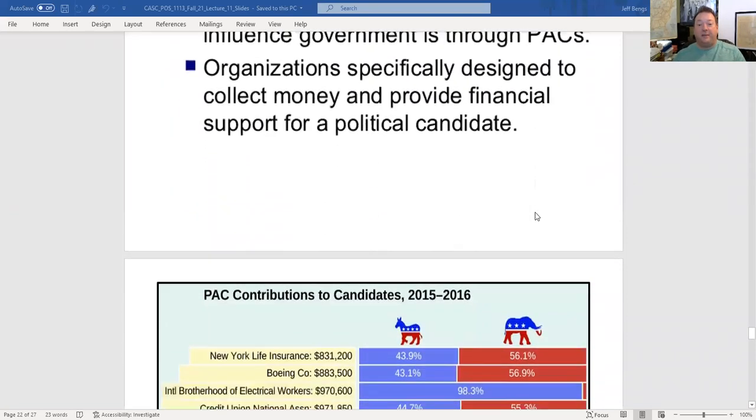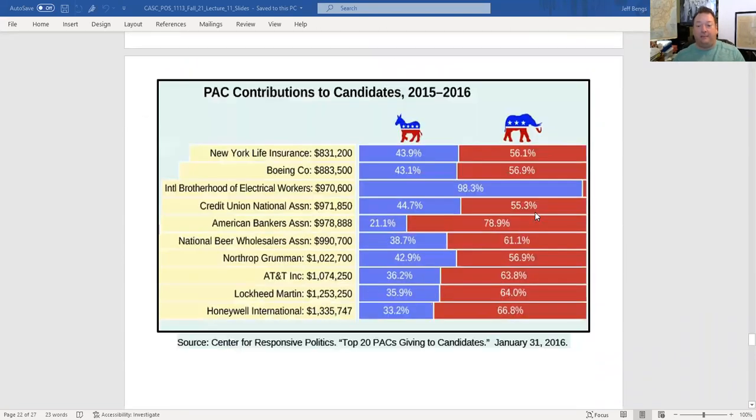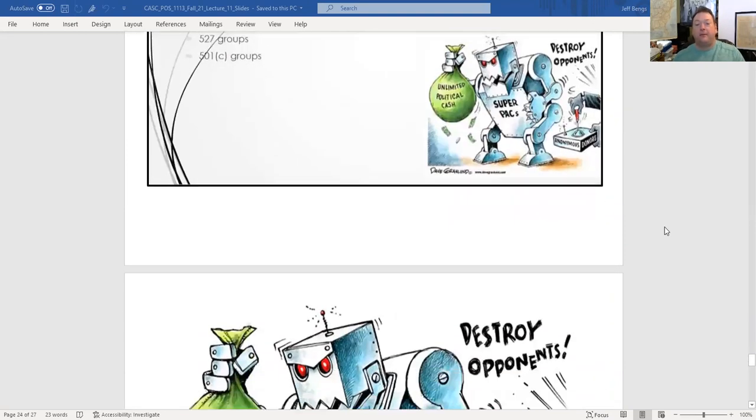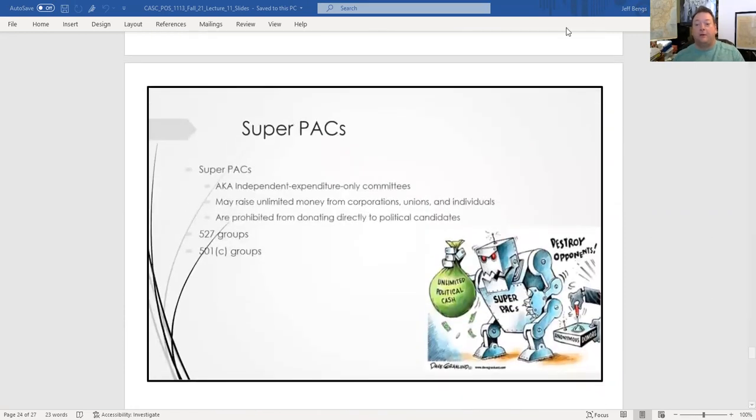So the first group is a PAC, or a Political Action Committee. And these committees are those that contribute money to federal candidates, and they have limits. A PAC can contribute up to $5,000 per election to a candidate.